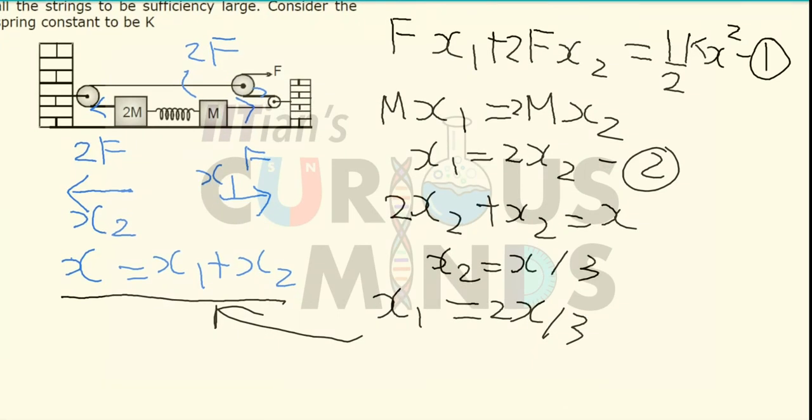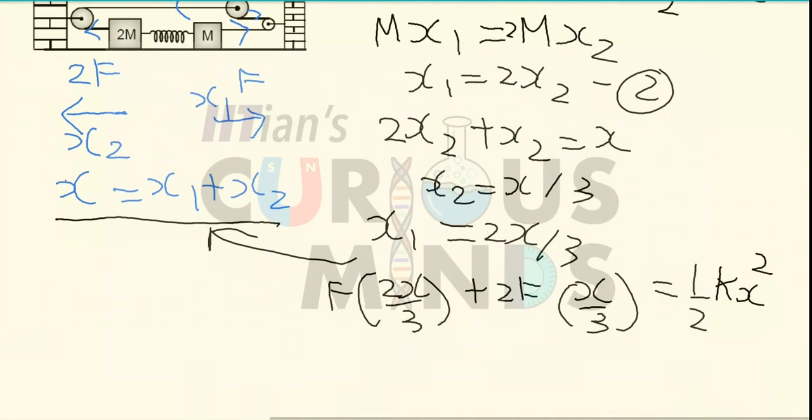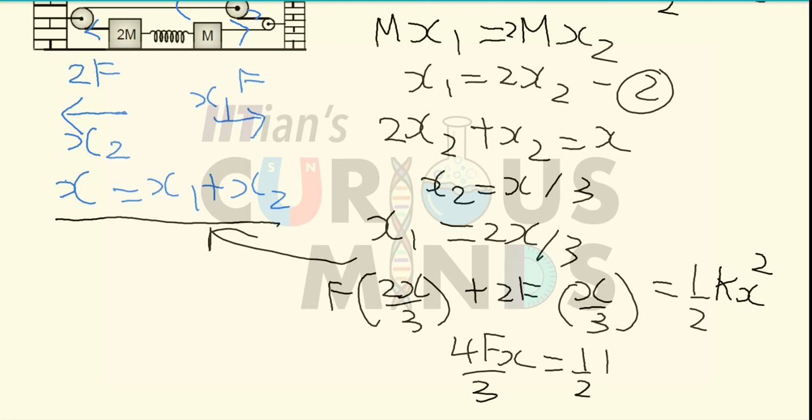Let us substitute the values in the first equation. F into x1, so F into 2x by 3, plus 2F into x2, where x2 is x by 3, will be equal to half k x square. So it will come out to be 2Fx divided by 3 plus 2Fx divided by 3, that is 4Fx divided by 3, equal to half k x square.